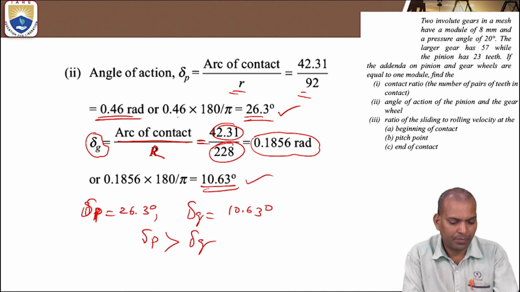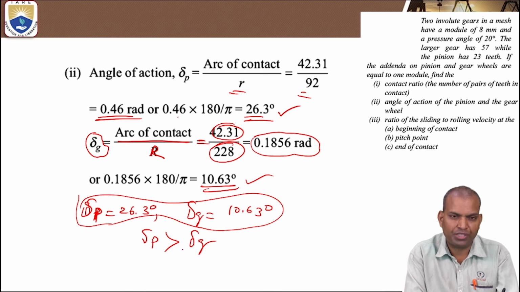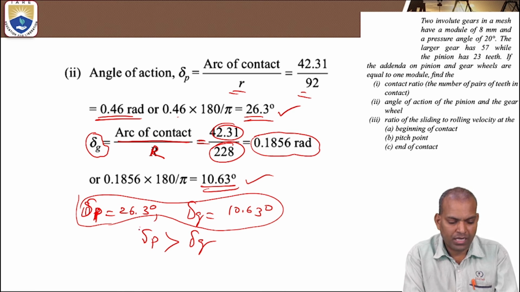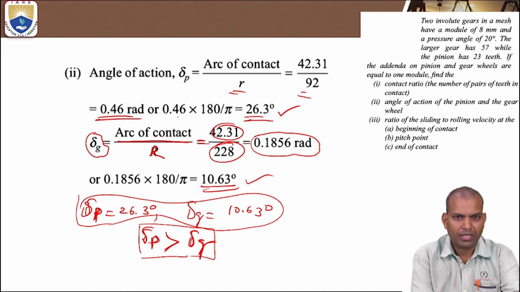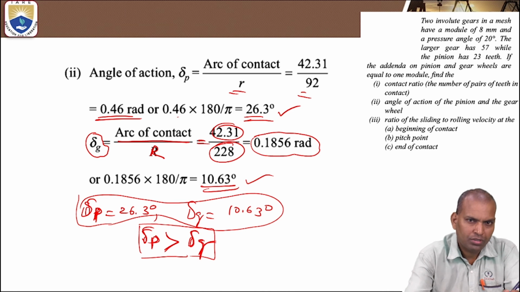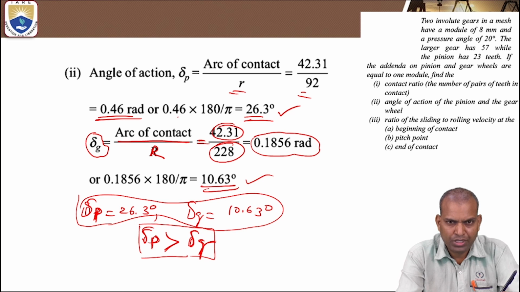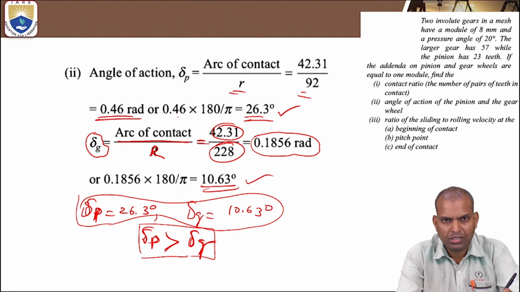Similarly, here delta P is larger in comparison to delta G, because the pitch circle radius is smaller. That's why the angle of action is more on the pinion than the gear. For the same speed of rotation, the pinion is affected more because its angle of action is more than the gear's.